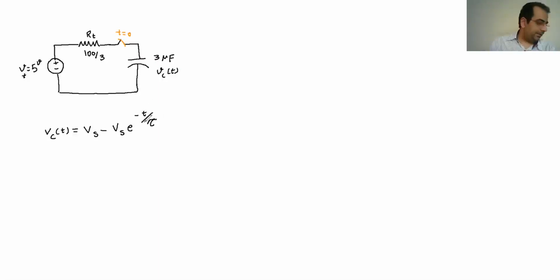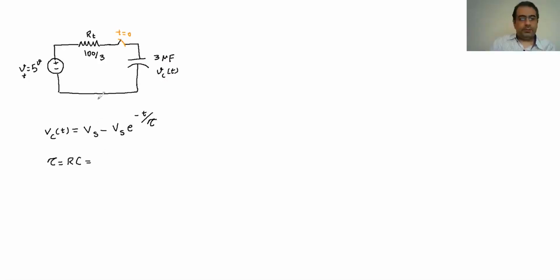We know that the Vs is the voltage of the source, so it's going to be 5 volt here, and we know tau is RC. Last time when we worked on that, we said that tau is going to be R times C.